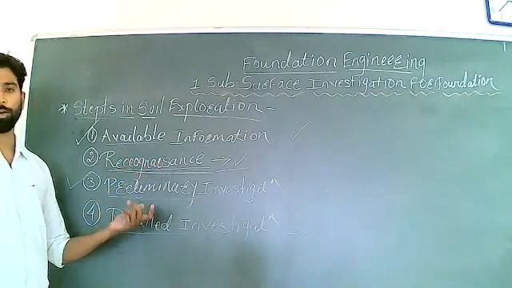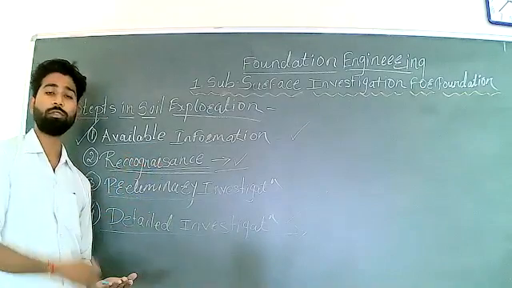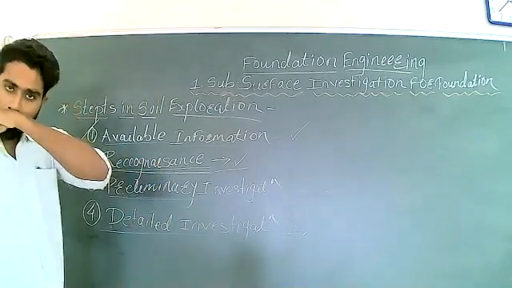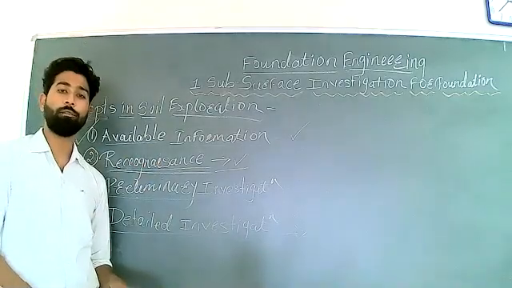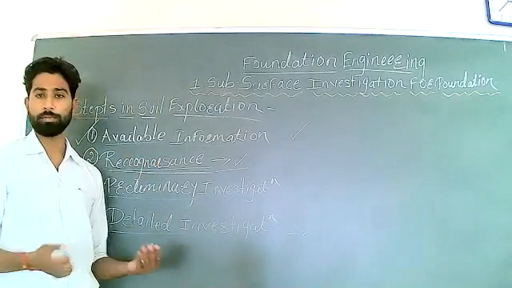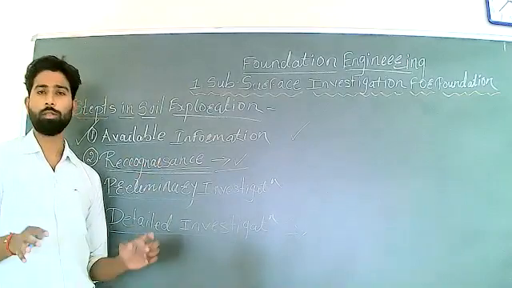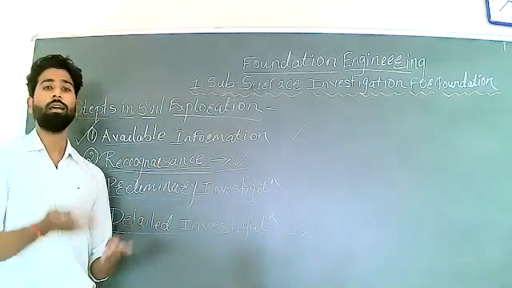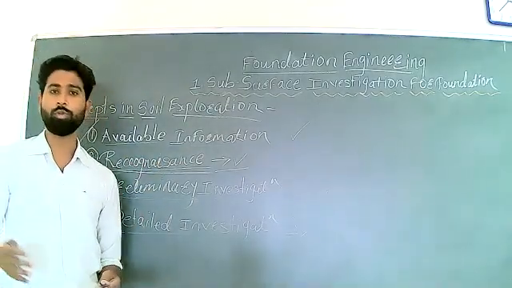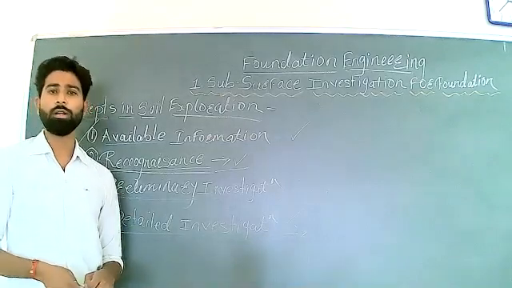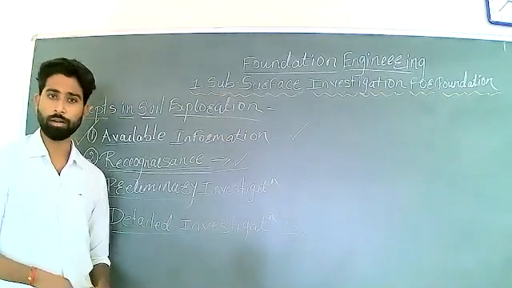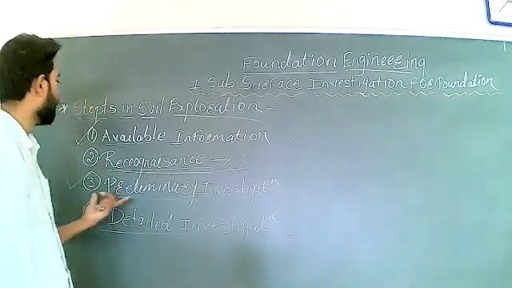Okay, so the first one is the available information, where we collect the information which is available nearby the area or a similar area. Then reconnaissance, when we actually visit the site along with the experts and see through visual inspection whether there is any road crossing, railway crossing, or any tunnel going through it, or any trenches, or anything which could help us or reduce our cost and efforts for the investigation.